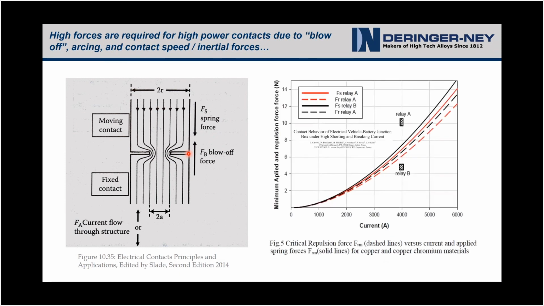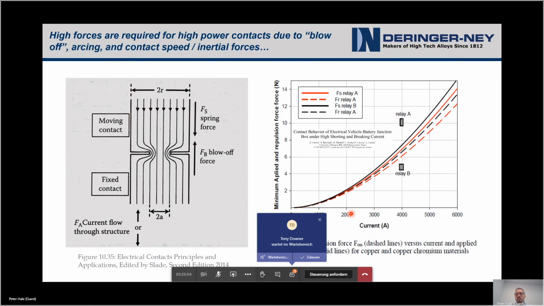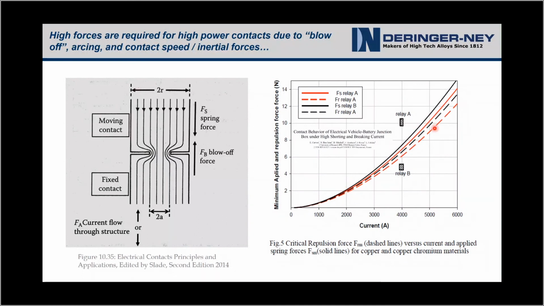And that blow-off force, if you look at the dashed lines, they're representative of that blow-off force, where at say 2000 amps, for this particular design, your blow-off force is 2 newtons. And then if you're up at 5000 amps, your blow-off force comes up to about 9 newtons.